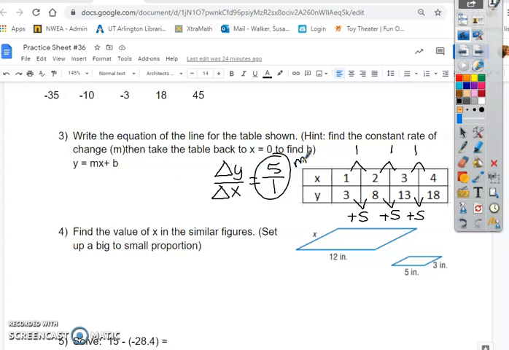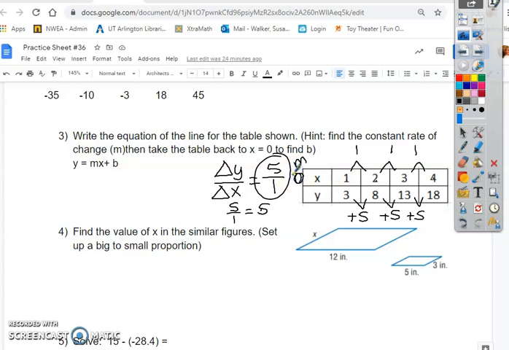So you're going to rewrite this, and you'll put y equals 5. You can put 5 over 1, or you can put 5, plus or minus, we'll have to figure out what our b is. So y equals 5x. Now I need b. For b, you have to take the table back to 0. So 4, 3, 2, 1, let's put it here, 0.